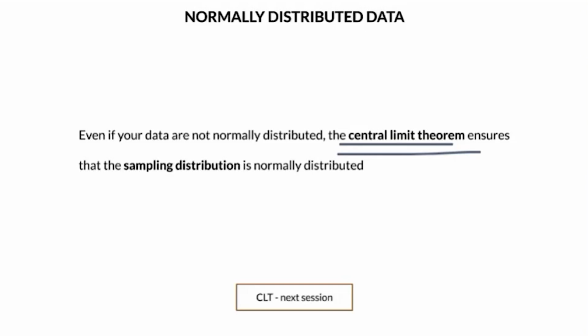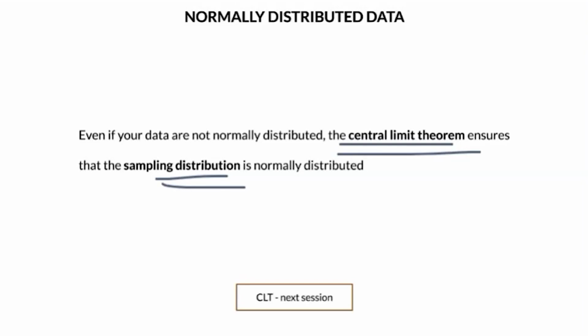There's a theorem in mathematical statistics which ensures that sampling distributions are normally distributed. In other words, even if your population is not normally distributed, you can devise your sampling technique in such a way that the sampling distribution is normal. So there is a lot of motivation to study the normal distribution.